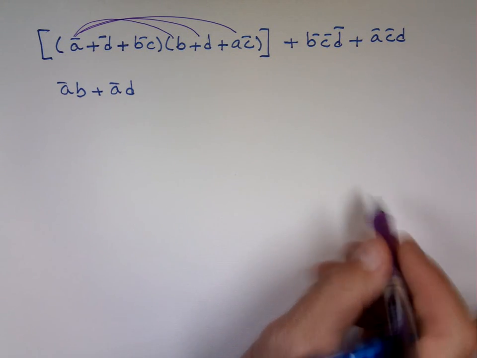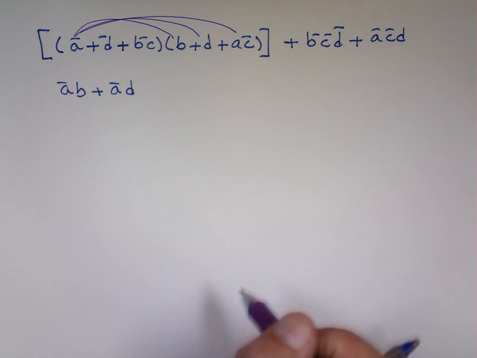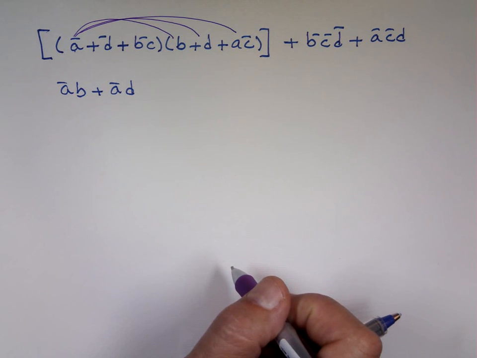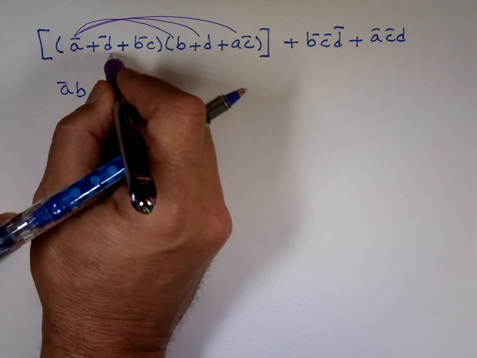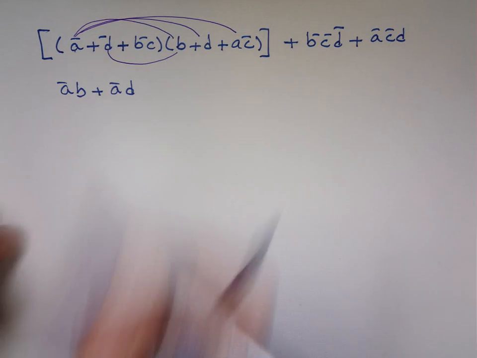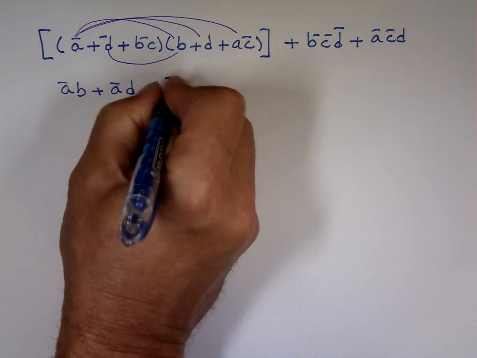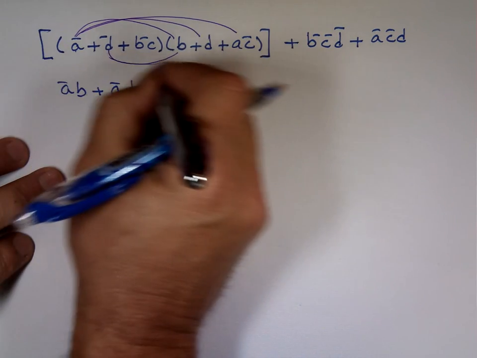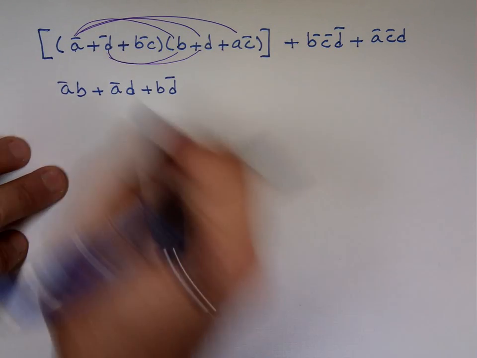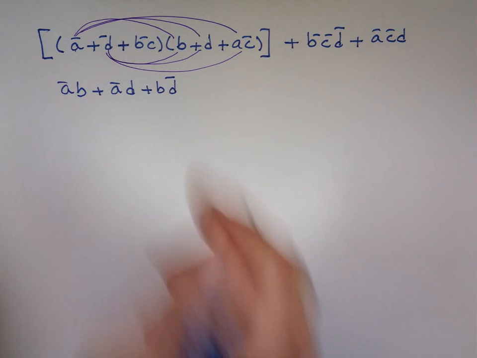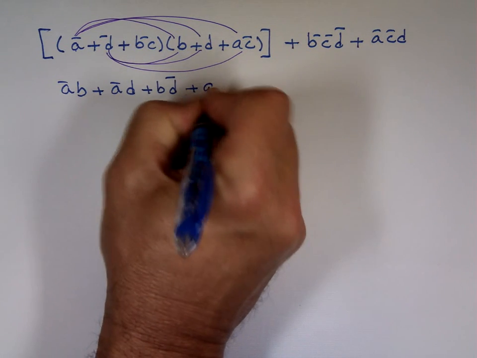AND gate with A bar and A in it. Gone. Now let's take the D. Multiply, that's B D bar. D bar and D, 0. That's A, C bar, D bar.